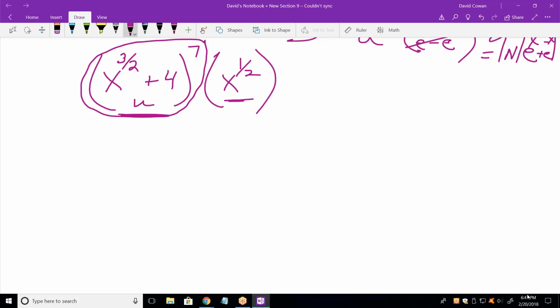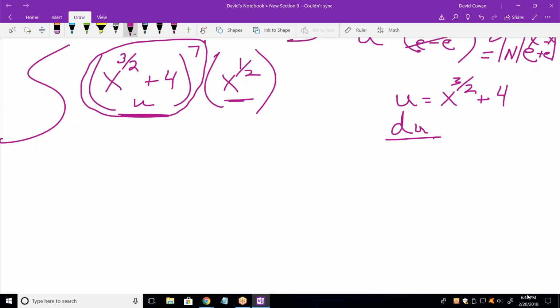So work me through it all. So with that, u equals x to the 3/2 plus 4. Always make your next step to differentiate that. So du over dx. Oddly enough, in almost every level of integral calculus, your first step is differentiation.